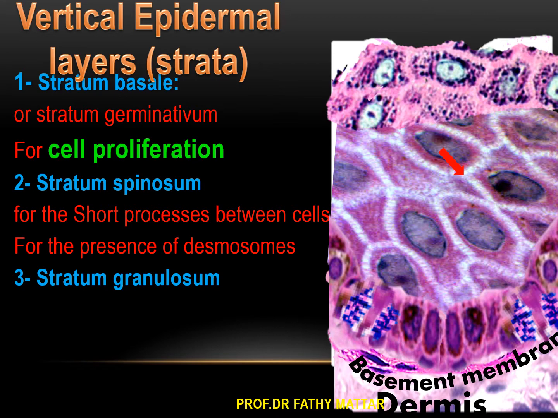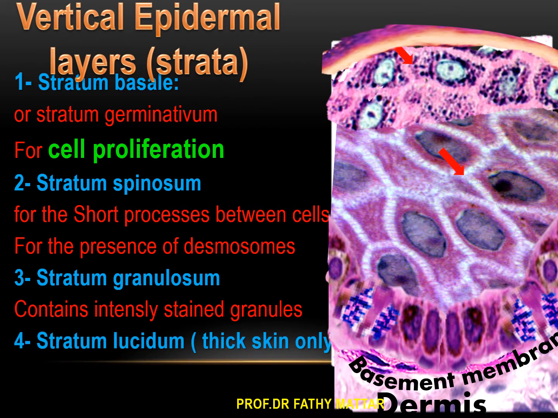Then, above that is the stratum granulosum. It's called granulosum because the cells have darkly stained granules within their cytoplasm. Above the stratum granulosum in the thick skin, there is a layer called the stratum lucidum, or transparent layer, and it is found only in thick skin.